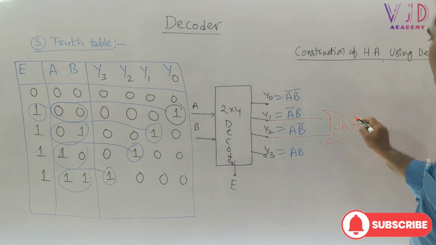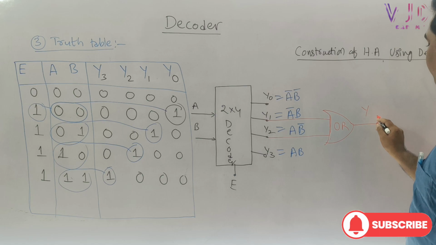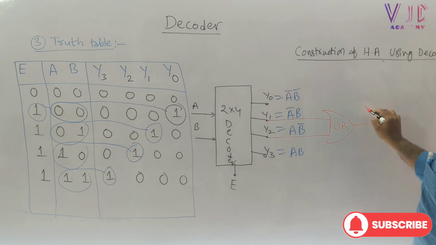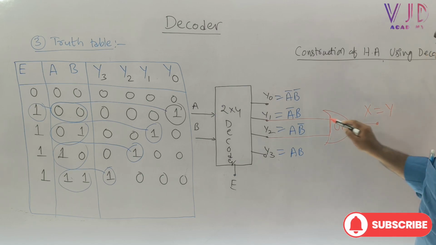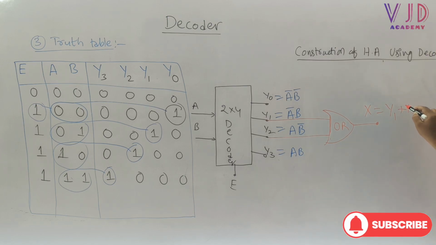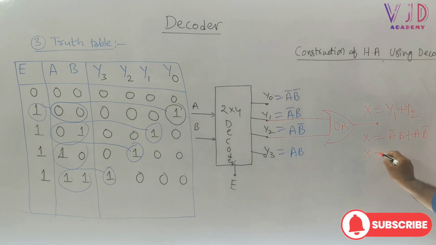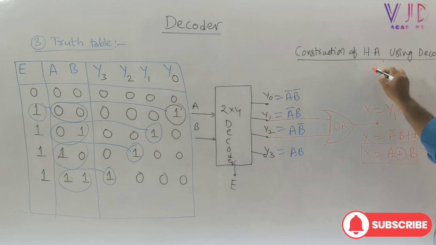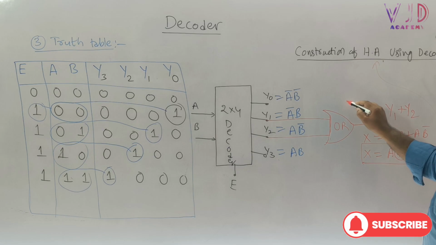X equals Y1 plus Y2. Y1 is A bar B and Y2 is A into B bar. So can I write X equals A XOR B? Yes. Is it not the output of the half adder? Yes, this is the sum output.